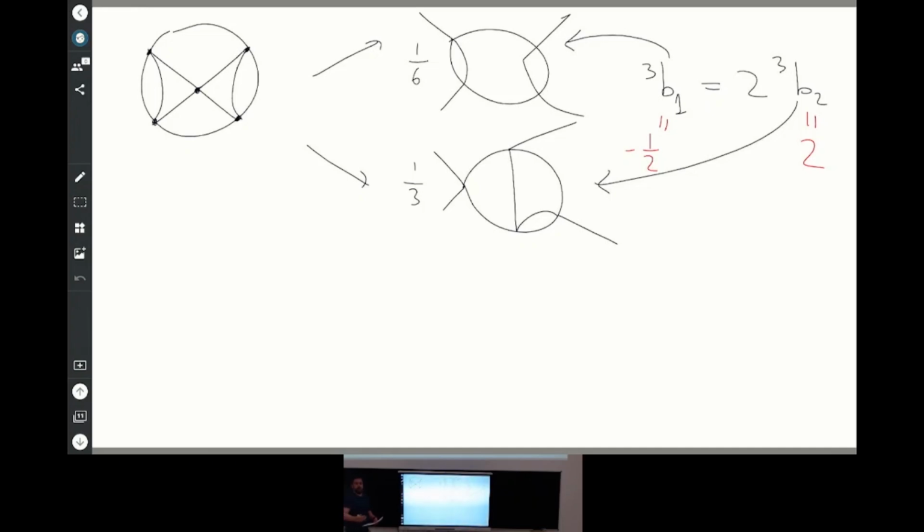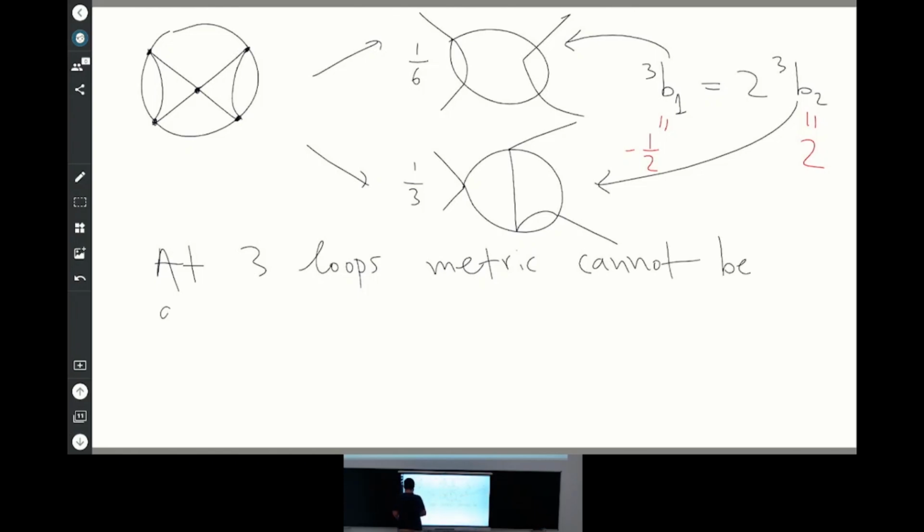And at 3 loops, this is the conclusion that in order for the flow to be gradient, the metric cannot be globally flat.